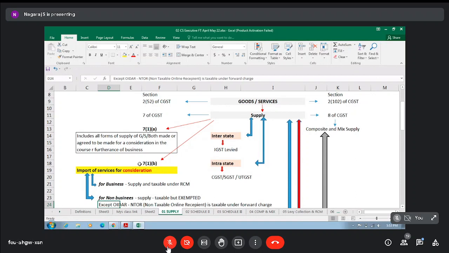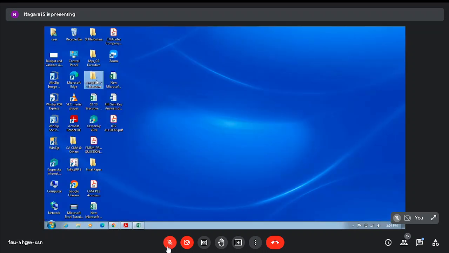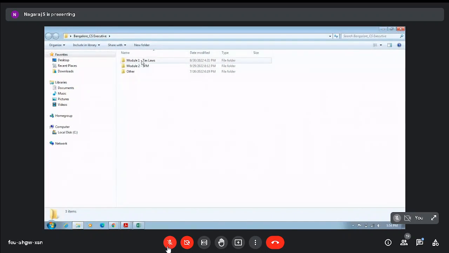If there is a consideration involved. If there is no consideration, and you are importing services for non-business purposes, it is exempt. Understood? You will get questions on these. I'm stressing. We will see.